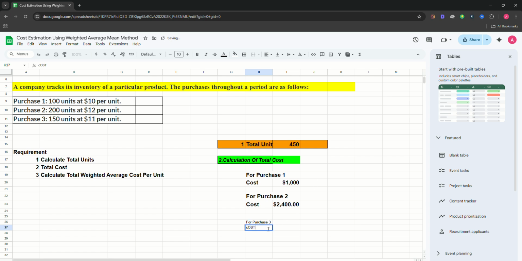So the purchase 3 cost is 150 into 11. Let's add the dollar sign and enhance the text so that you can understand better.